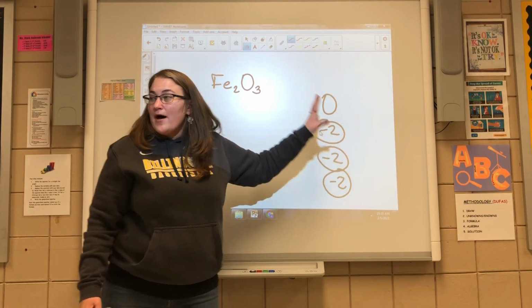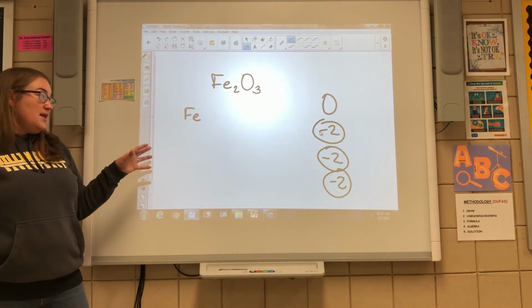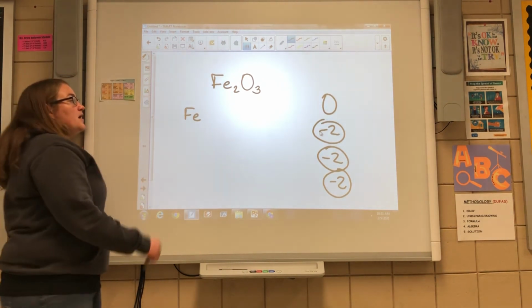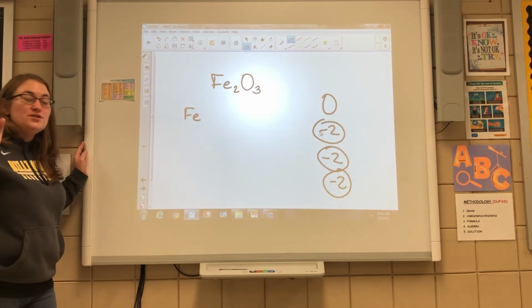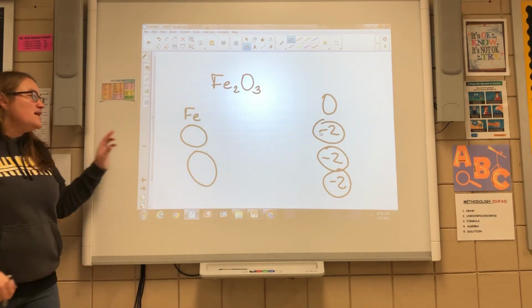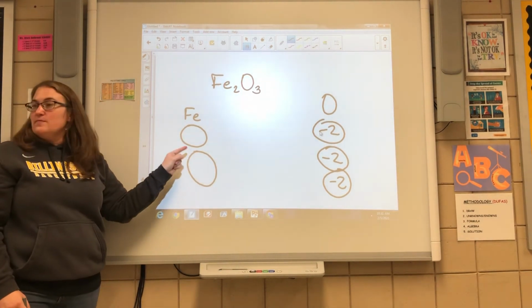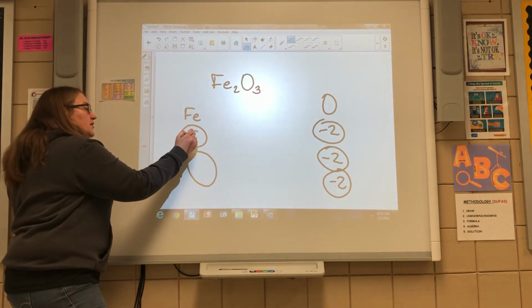What does that mean my positive charge overall has to be? Positive 6. It has to be +6. All right. How many iron atoms do I have? 2. Have only 2. So what does my oxidation number for iron have to be if I only have 2? 3. A +3.